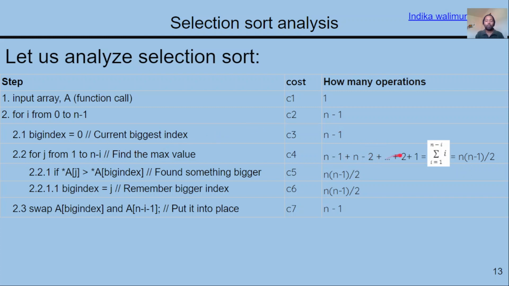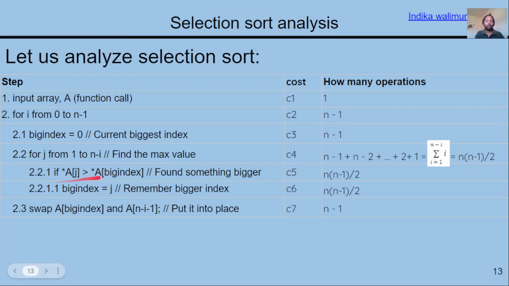We need to sum up all those, and it's going to end up with plus 2 and plus 1, likewise. If you sum up this summation, you're going to end up with this one. I'll post a proof of this summation as a video quiz. And there's a similar amount of iteration for this check.